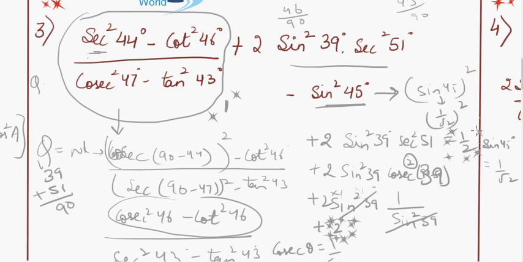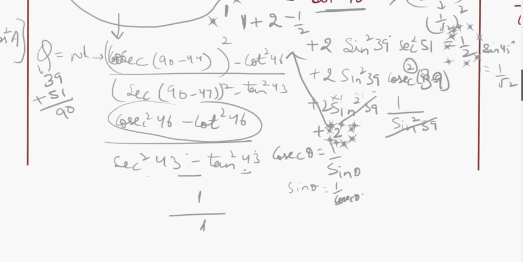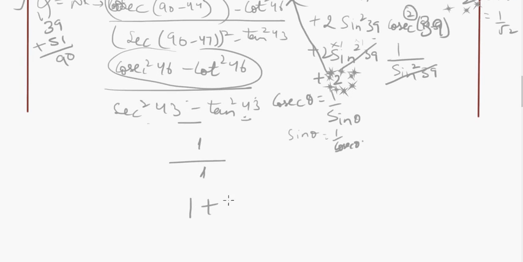So all in all we are having 3 values. The first is 1, the second is plus 2, and the third is minus 1 by 2. So these will give us 1 plus 2 minus 1 by 2, that is 3 minus 1 by 2, or taking the LCM, 3 means 3 by 1 and minus 1 by 2.